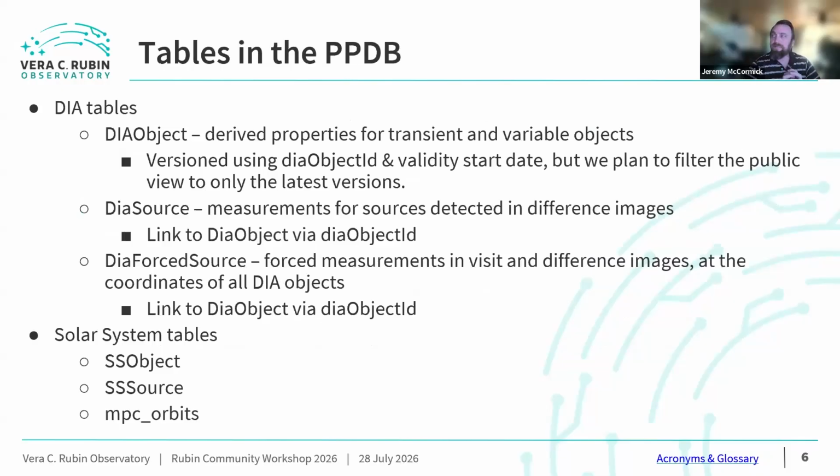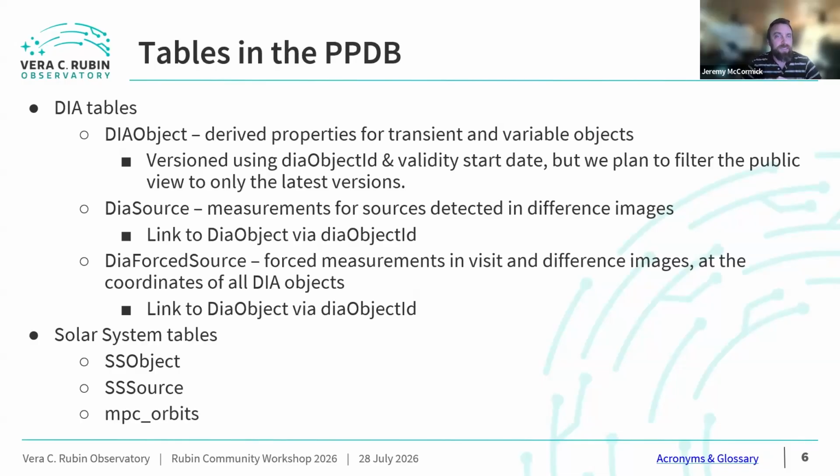So what is in the PPDB in terms of tables? We have the standard difference imaging analysis tables that I'm guessing a lot of you are already familiar with. We have DIA object, which are the derived properties for transient and variable objects.